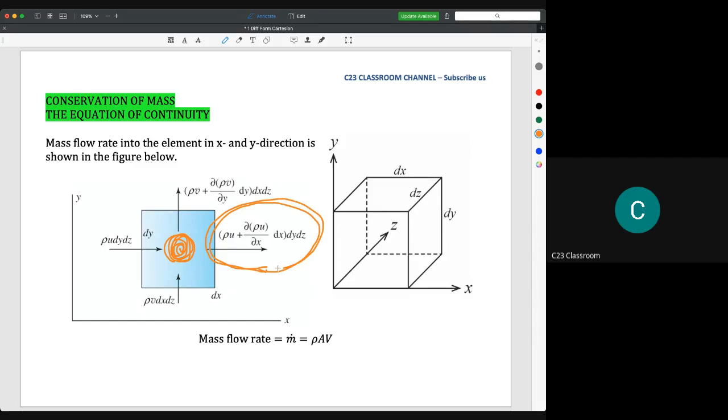For incompressible fluid, for sure the density is constant, so the density will not change.